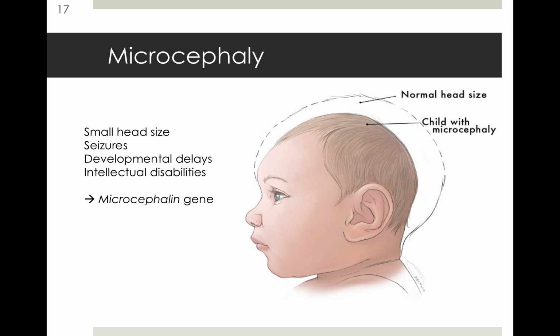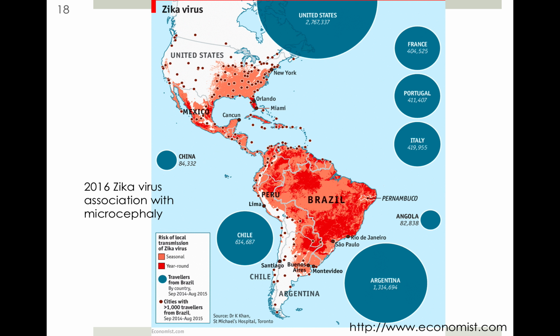Really interesting are cases of microcephaly, which is an abnormally small head size. This is actually an outbreak that happened just a couple of years ago when the Zika virus broke out in South America and also in parts of North America and was associated with microcephaly. Women who were pregnant and contracted the Zika virus while pregnant were much more likely to give birth to babies with abnormally small heads.